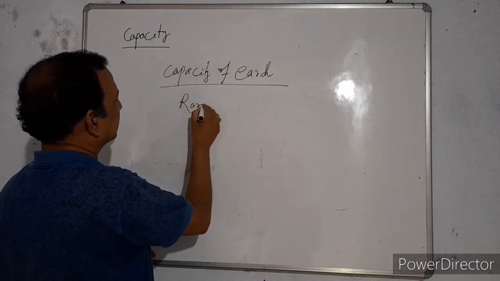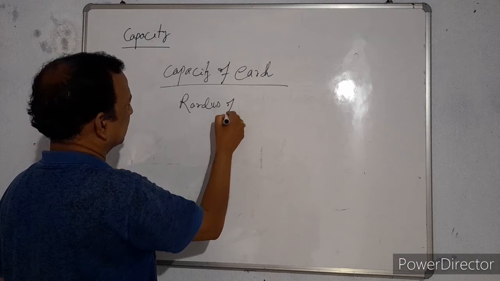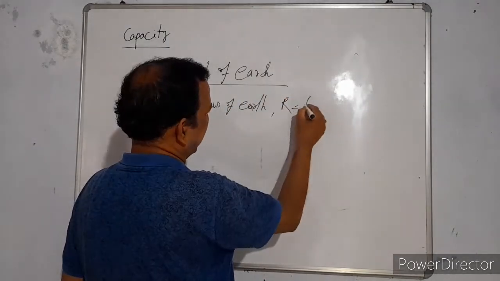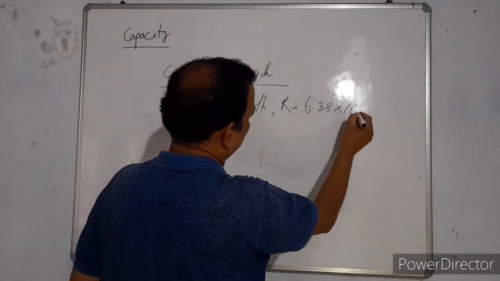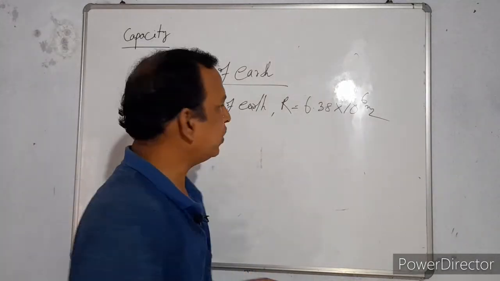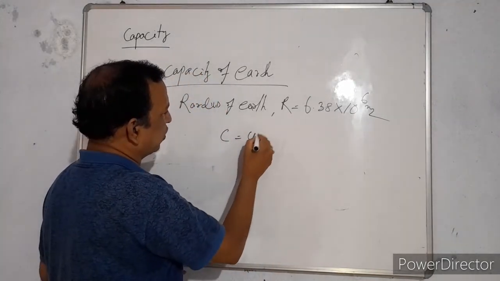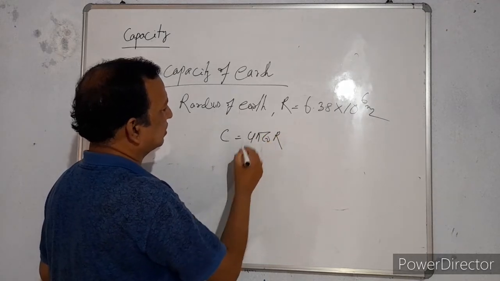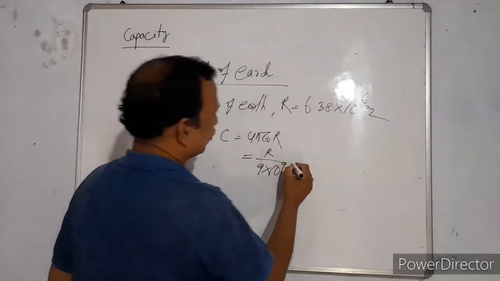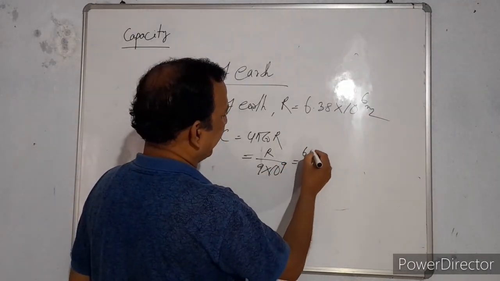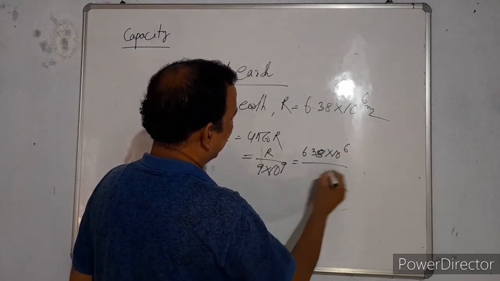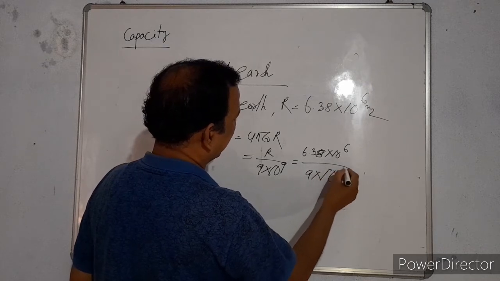Radius of earth R is a constant, 6.38 into 10 to the power 6 meter. Earth is a spherical body. So capacity is equal to 4 pi epsilon 0 R, that is equal to R by 9 into 10 to the power 9, that is 6.38 into 10 to the power 6 by 9 into 10 to the power 9.